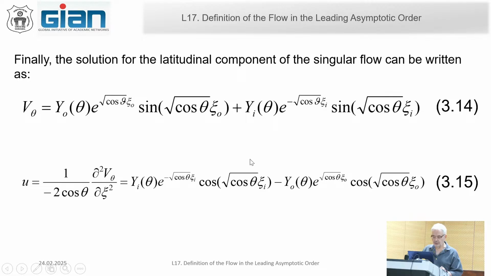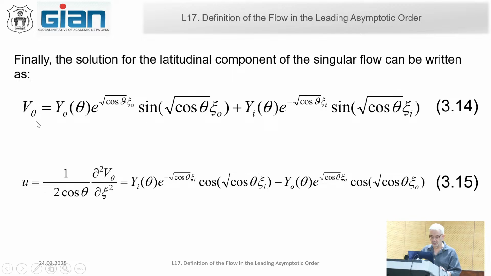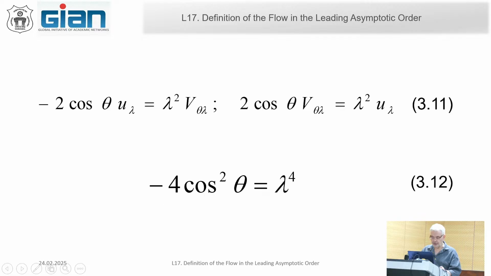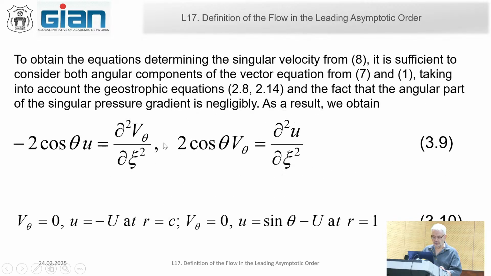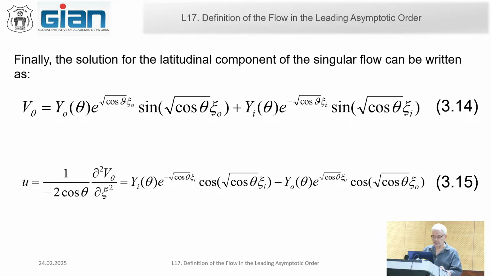So in the end of this story, we combine everything into this maybe lengthy formula, but it has a very clear meaning, because this is the theta component of the velocity, and from this equation we can get the other component of the velocity. For example, we can find u using this theta component in the last equation.